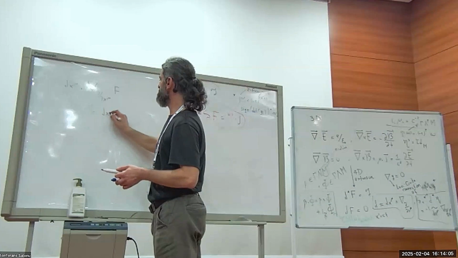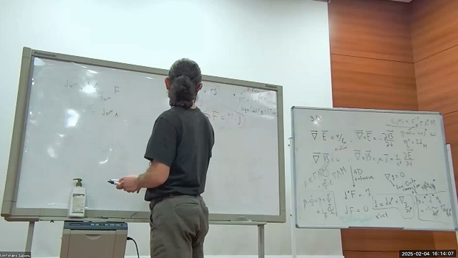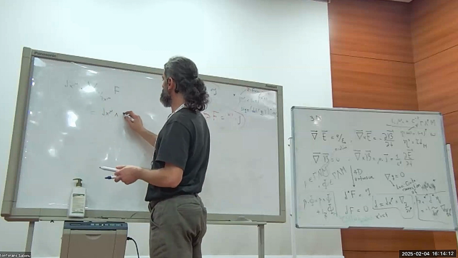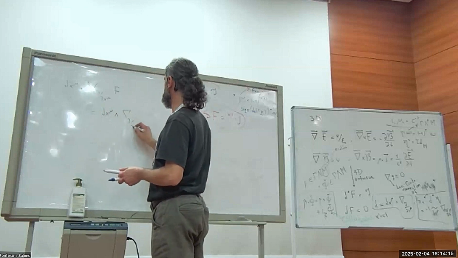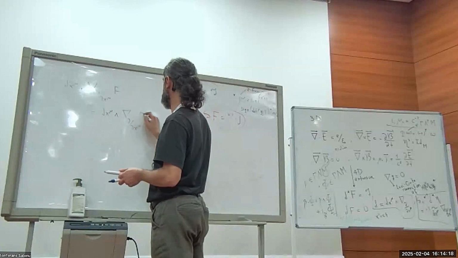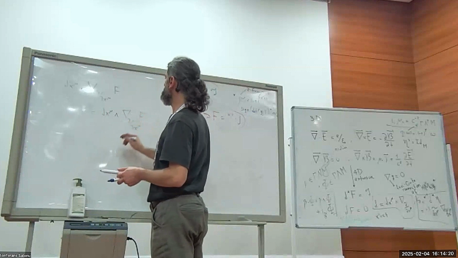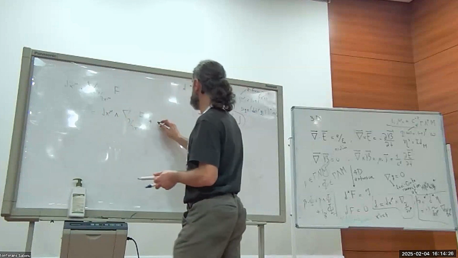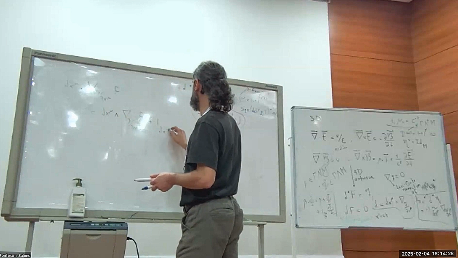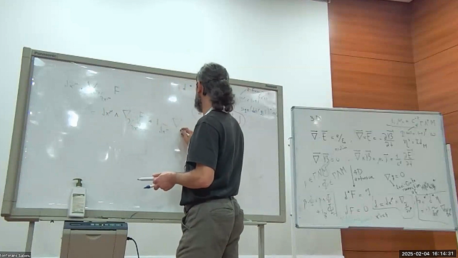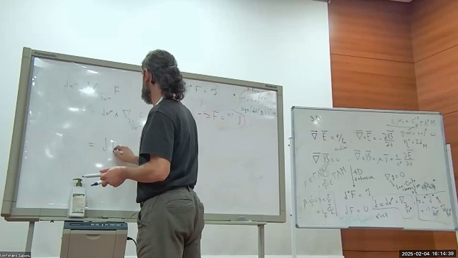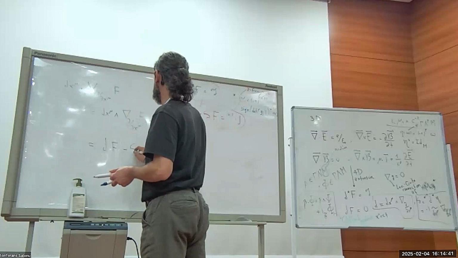This is dx mu wedge the covariant derivative of the 4-dimensional manifold of F, plus E, say it's mu tilde, del mu F. So this is dF minus delta F.